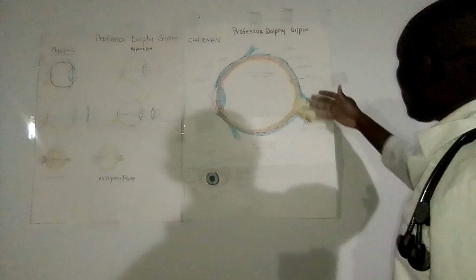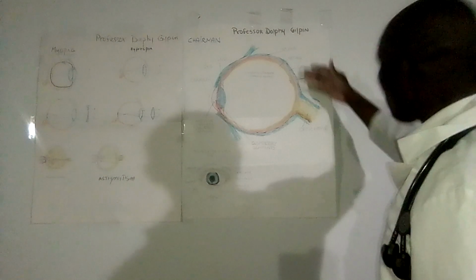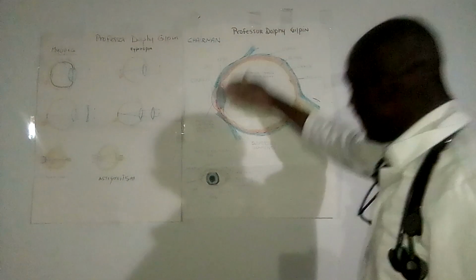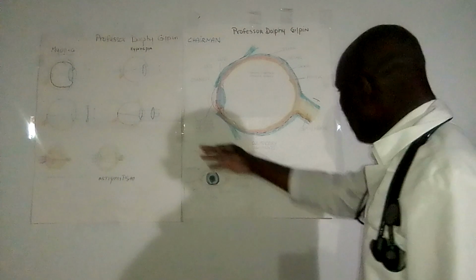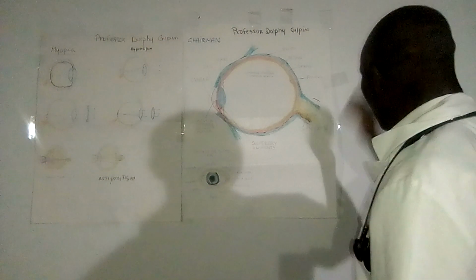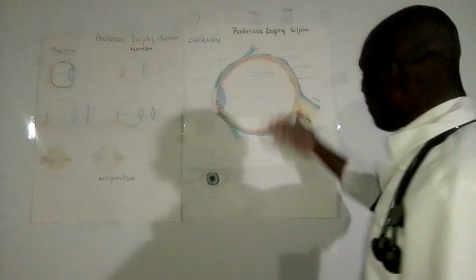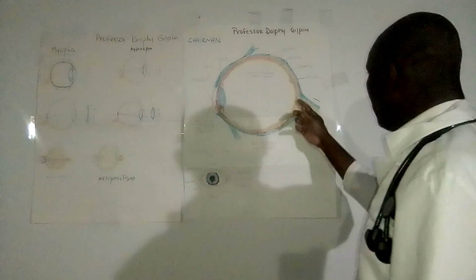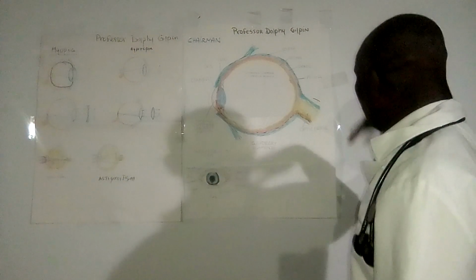What we're going to do is look at the function of every component here, like the fovea, the choroid, the retina, the lens, the cornea, the iris, the anterior chamber, the suspensory ligament, and the optic nerves. We are going to look at the function of all of this, including the vitreous humor, the retina, and the blind spot.